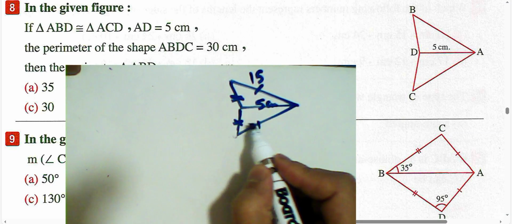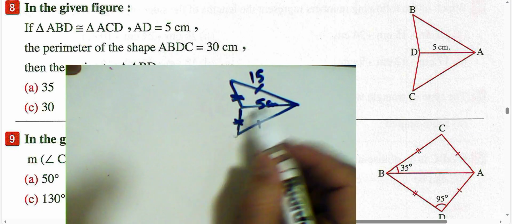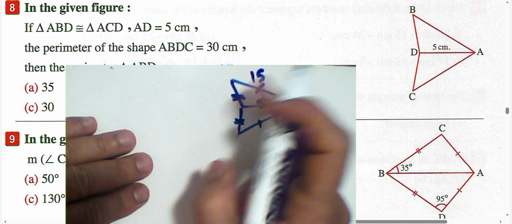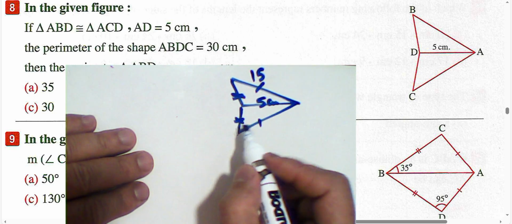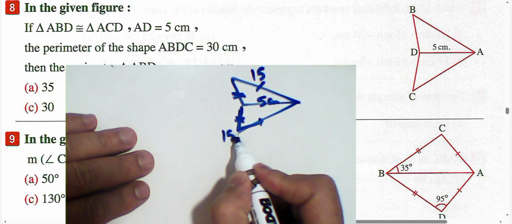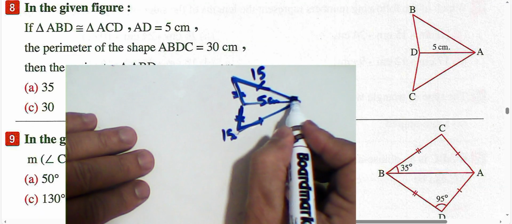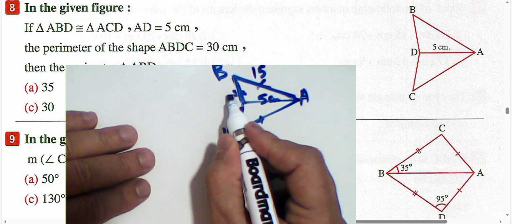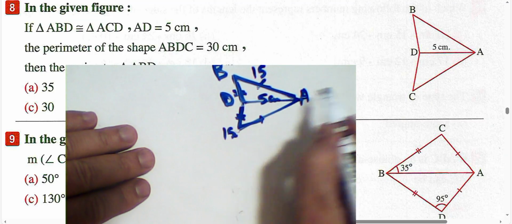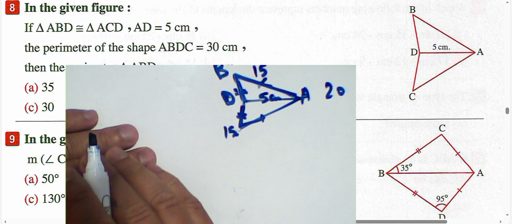He gave us the information that the perimeter was 30, so 30 divided by 2 equals 15 because they are congruent. These two sides are 15, and these two sides are also 15. Then AB plus BD equals 15, and 15 plus 5 is 20. The perimeter will be 20.